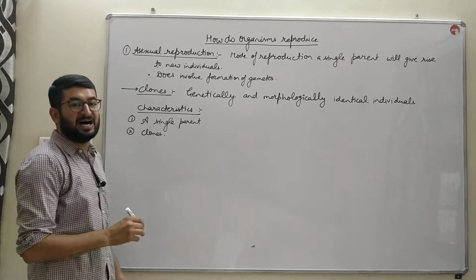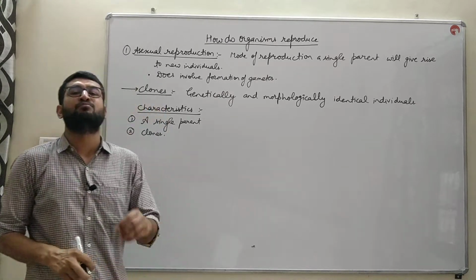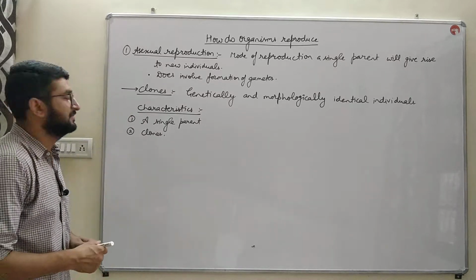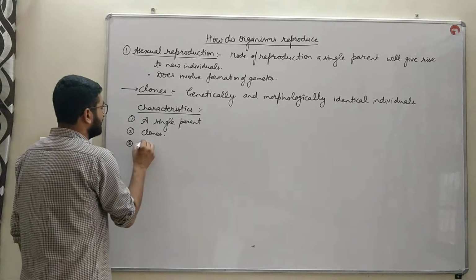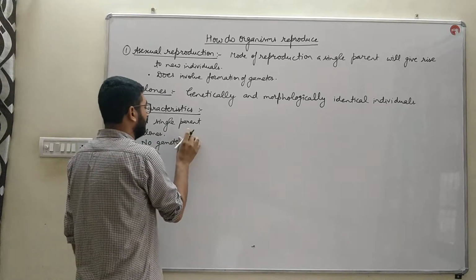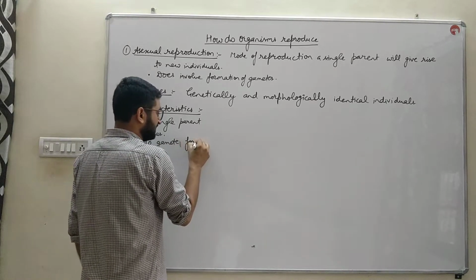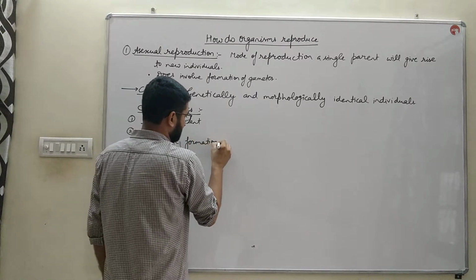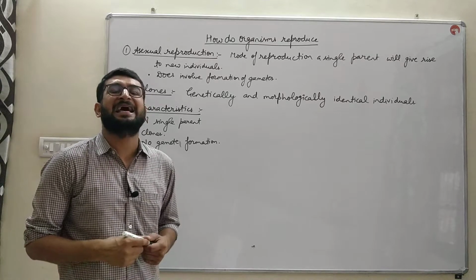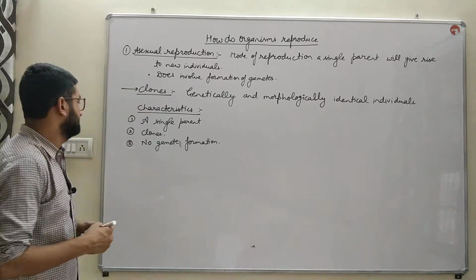The young ones are genetically and morphologically identical to each other. Next, no gamete formation takes place. This mode of reproduction does not require any kind of gametes.